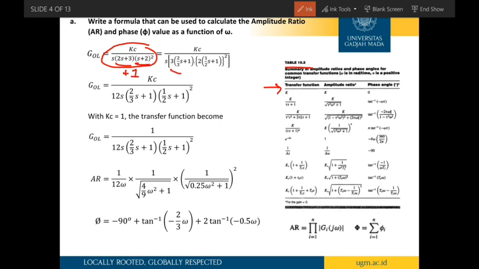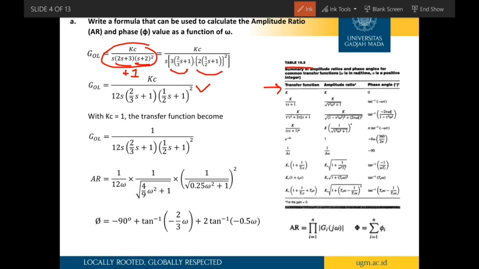So this is just the same as 2s plus 3, and this is just like (s plus 2) squared. So the new transfer function model becomes Kc over 12s times 2 over (3s plus 1) times 1 over (2s plus 1) squared.